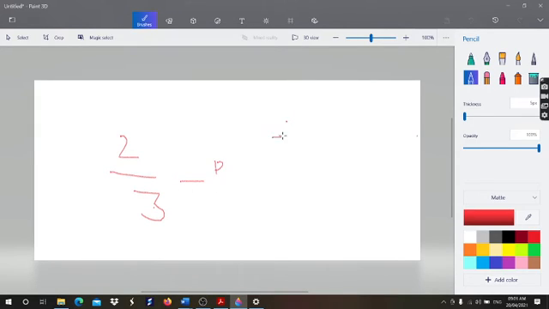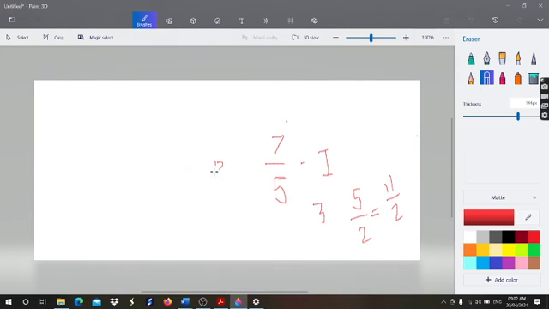Correct. 7 upon 5, this is an improper fraction. 3 integer 5 upon 2: 3 twos are 6 plus 5, 11 upon 2. Correct, this is a mixed fraction, and this is an improper fraction. Okay.